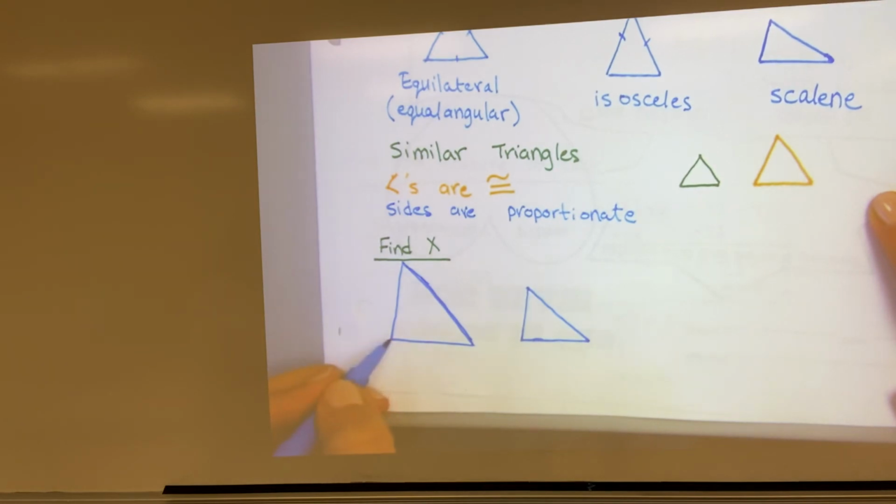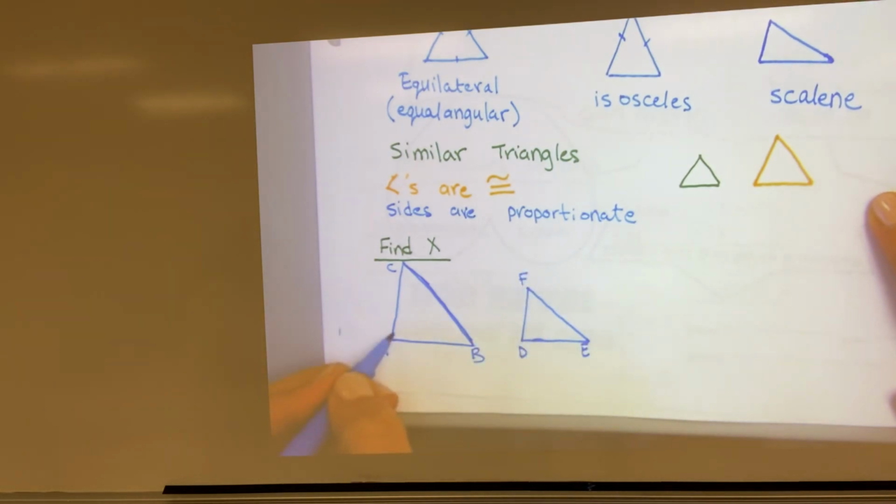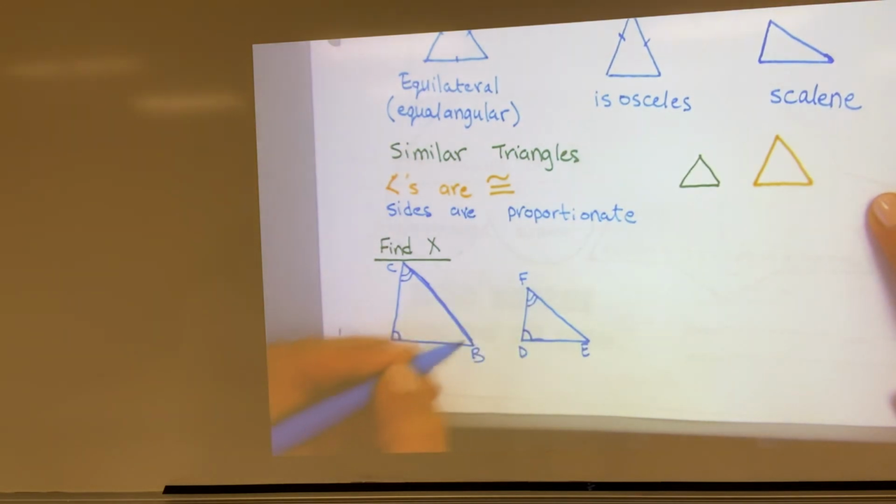This is triangle A, B, C, and this is triangle D, E, F. I've been told that angle A is of the same measure as angle D, angle C is of the same measure as angle F, and of course angle B is of the same measure as angle E.